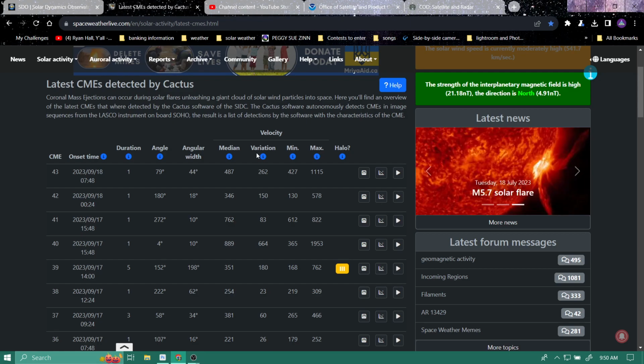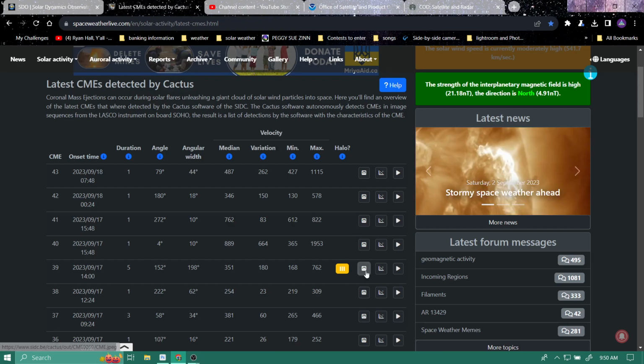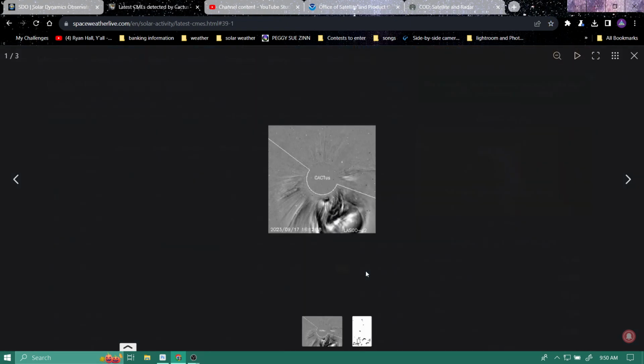We do have a really dense storm, and I can tell that by looking at LASCO or looking at our cactus. This is massively dense, but it is moving down and away from us. The likelihood that this is going to be a direct hit in the middle of the storm is not good.